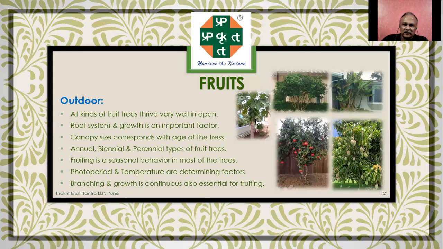Banana and papaya are roughly biennial, meaning they survive 2 to 3 years, and within that papaya starts giving fruit after say 5 to 6 months and continuously gives fruit till it is alive. And banana per plant gives one bunch of bananas, and then the life is over.